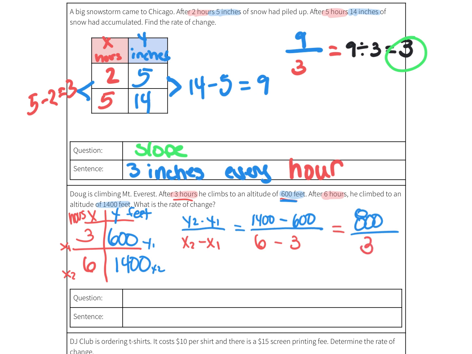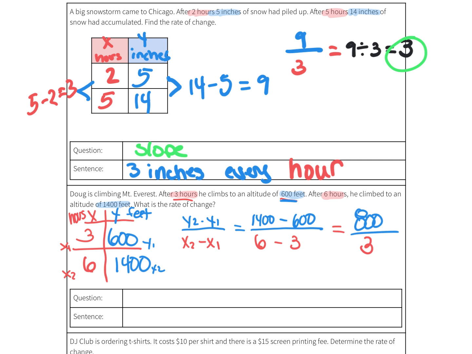So what does this mean? This means y is feet, so 800 feet every 3 hours. But if I want to break this down and find that unit rate, remember, I can do 800 divided by 3. And when I do that, it is not a whole number.